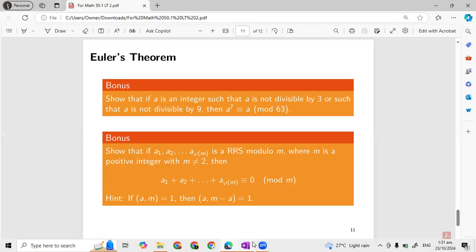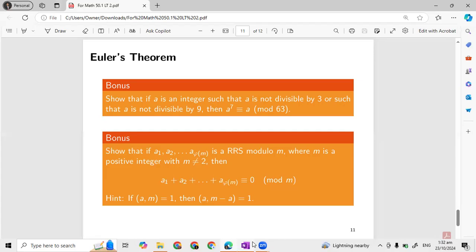I put a hint so you know what to do. Actually, there is a formula for this, but for the sake of this problem, we will just focus on how to prove it.